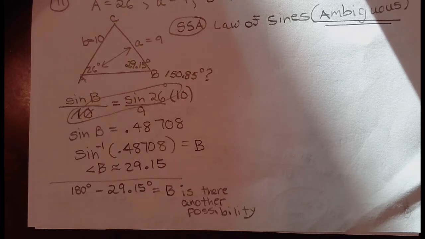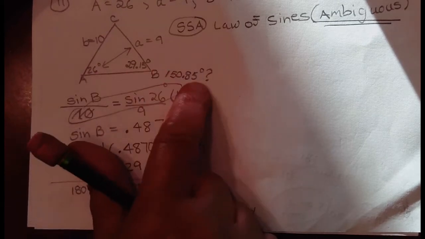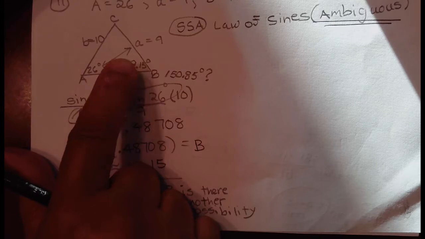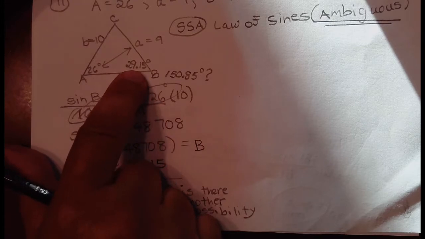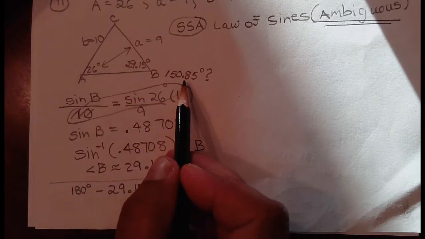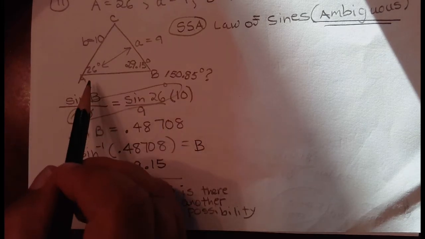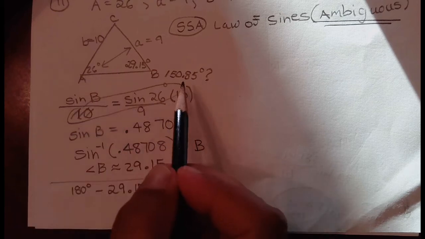Not that we're going to do all the solutions as though it's a 29, but there might be a whole other triangle. Allowing this angle to be 150 is okay because 150 plus the 26 that you have here is only a little bit over 176, 176.85. That means you still have room to give some amount of degrees to angle C. Therefore, another triangle can be drawn.